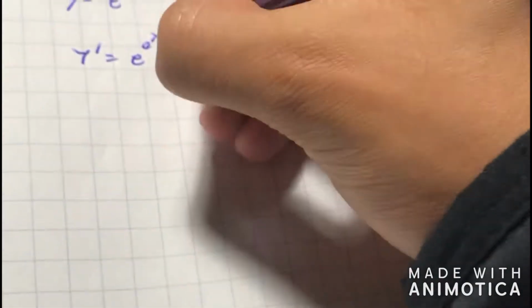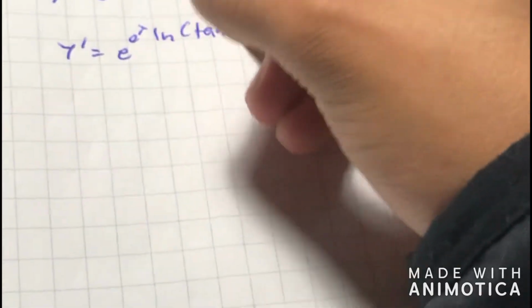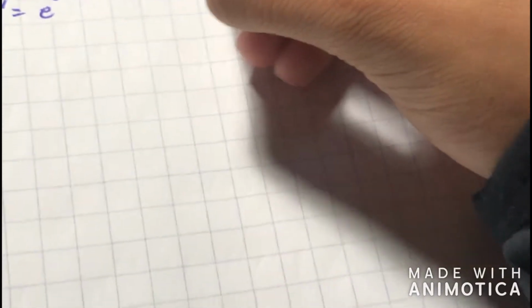Now this tan needs to change in sine and cosine, so what we're gonna do is change that. We're gonna have this one, tan of x times the ex, another one, and now we're gonna change that.